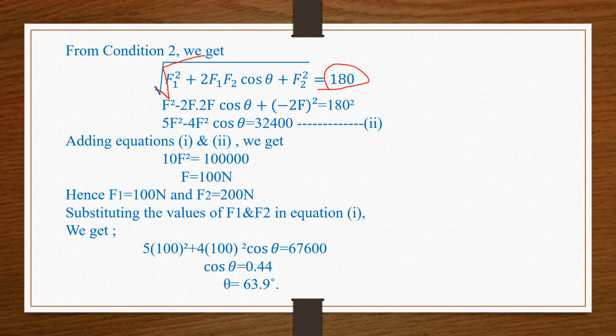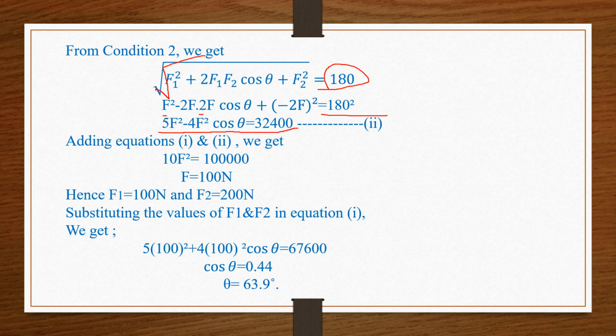Now substitute F in F1's place and minus 2F in F2's place, with 180 square. Simplify this equation, then we get 5F square minus 4F square cos theta equals 32,400. Assume this as equation number 2.